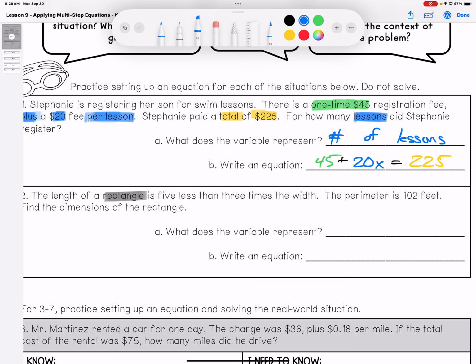The perimeter is, so that's probably the total, 102. Find the dimensions of the rectangle.